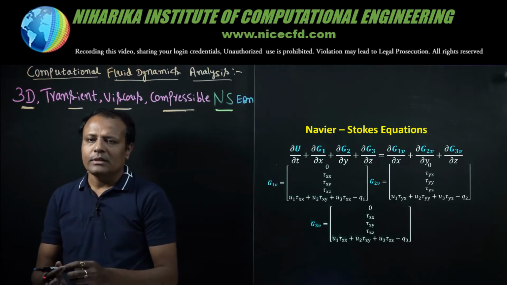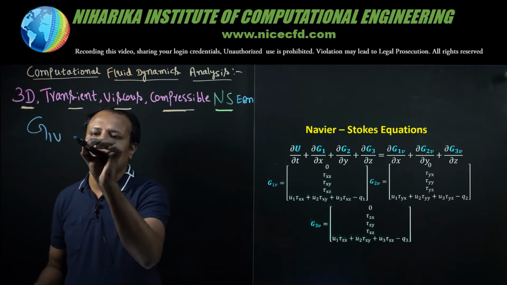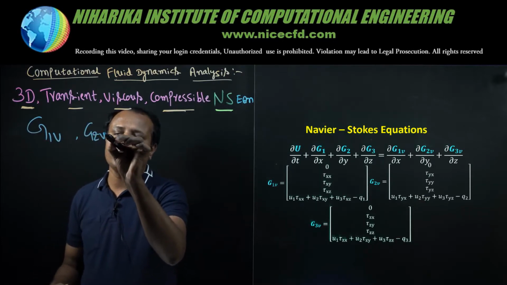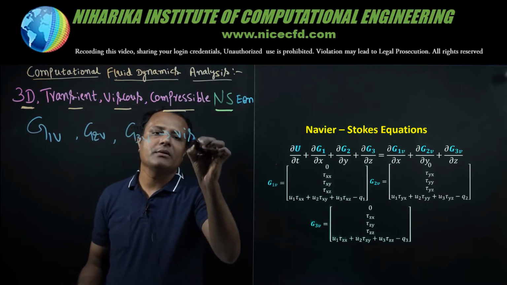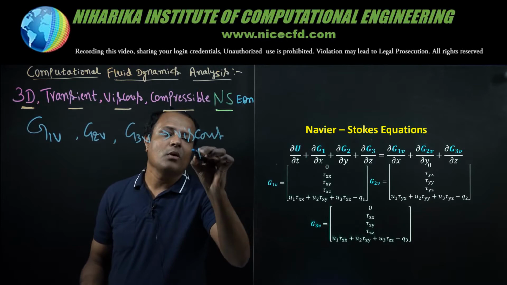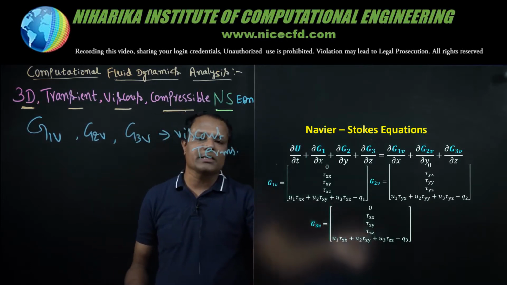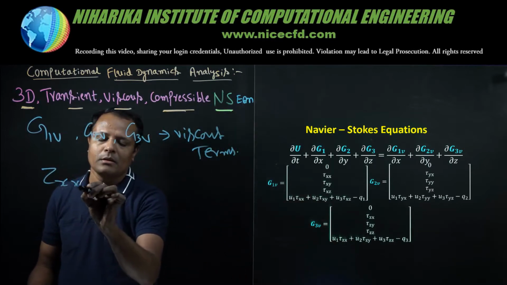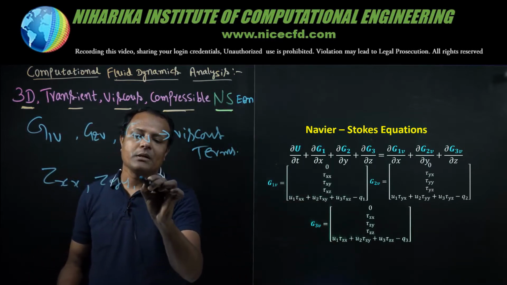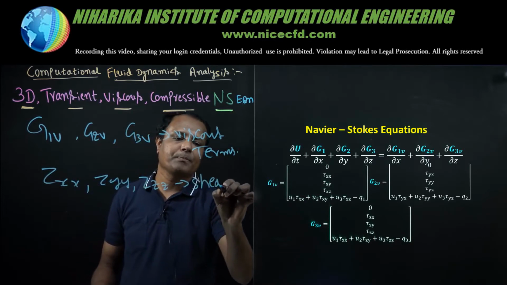Now, G1V, G suffix 1V, V stands for viscous. G1V, G2V, G3V, they are called viscous terms. Why are they called viscous terms? You can see the stresses, tau XX, tau YY, tau ZZ.